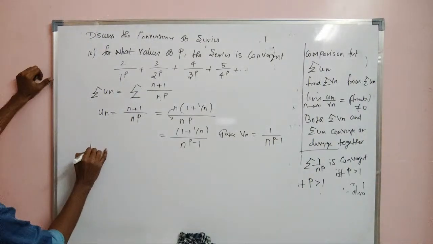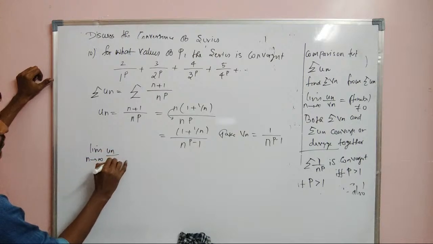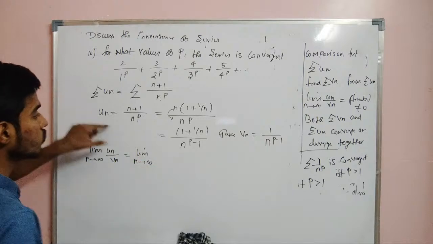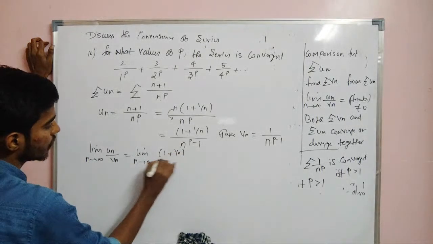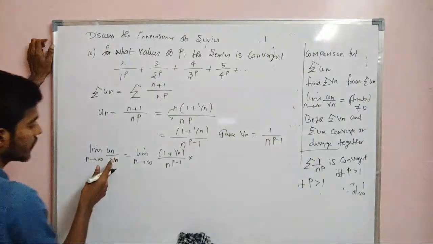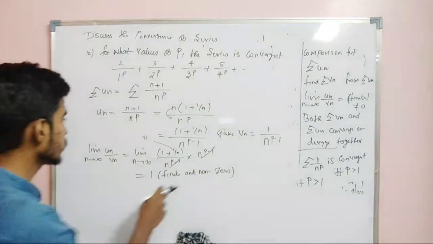Now what about limit n tends to infinity un by vn? This is nothing but limit n tends to infinity of (1 plus 1 by n) over n power p minus 1, into vn. So I will take vn to the numerator, you will have n power p minus 1, which is finite and non-zero.